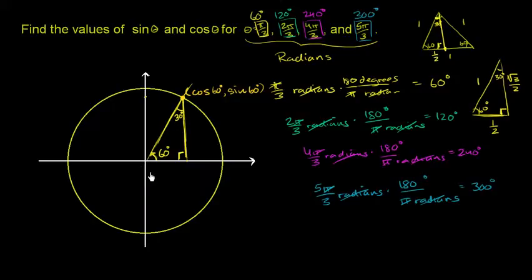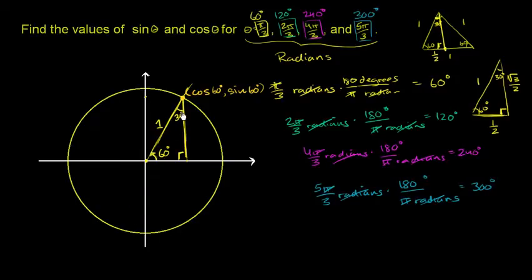So how can we figure out the dimensions of this? Well, what's the length of the hypotenuse of this 30, 60, 90 triangle? This is a unit circle, that means it has a radius of 1. So this length from here to here has length 1. Given that information, what is this length down here?